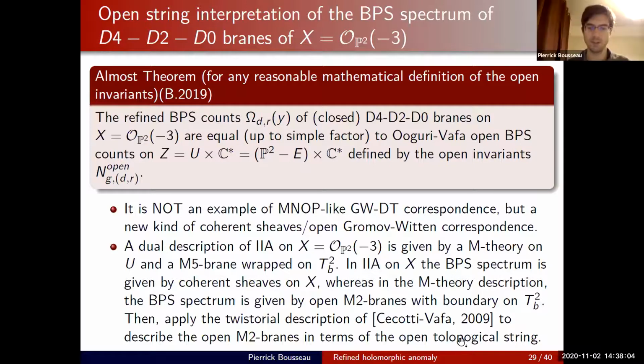Then they use this topological string interpretation to connect with Chern-Simons and derive the expected wall crossing formula, which is not clear if you just start with the open M2 picture, which is difficult to understand anyway because it's M theory and it's not so easy.